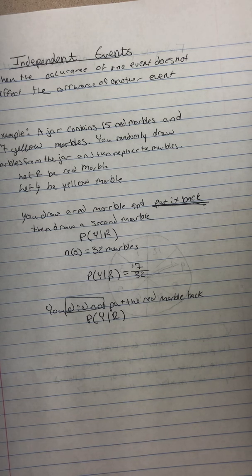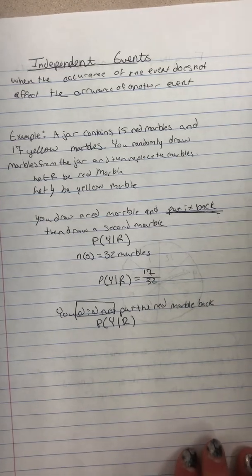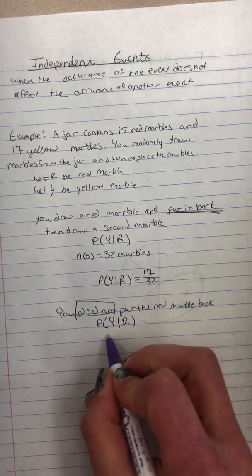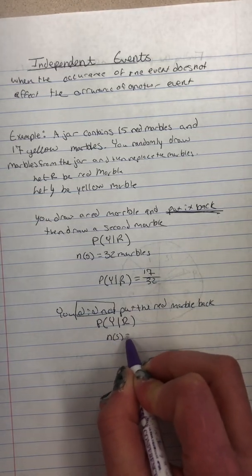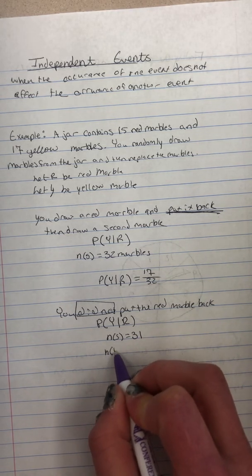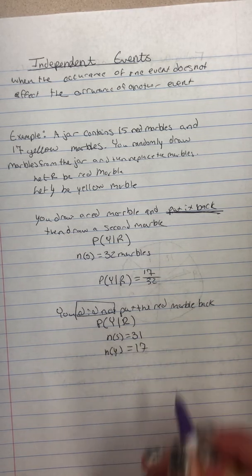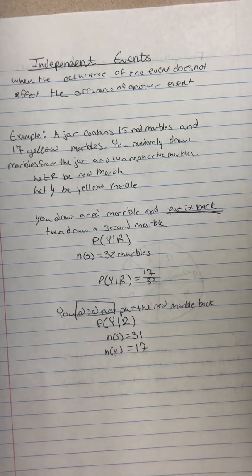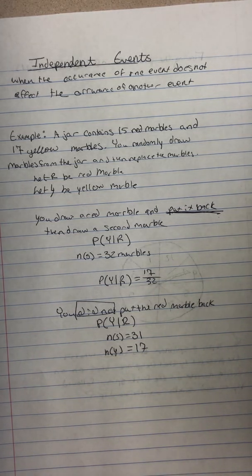Well, now we have one less red marble. We still have the same number of yellow marbles, but we have one less red marble. So that means there's only 14 red marbles inside our jar. There's going to be a total of 31 marbles in the jar, but there's still 17 yellow, and there's 14 red.